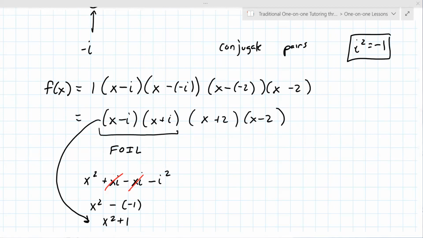Then we FOIL 2. So now we need to FOIL the other one. Maybe you're already onto that task.